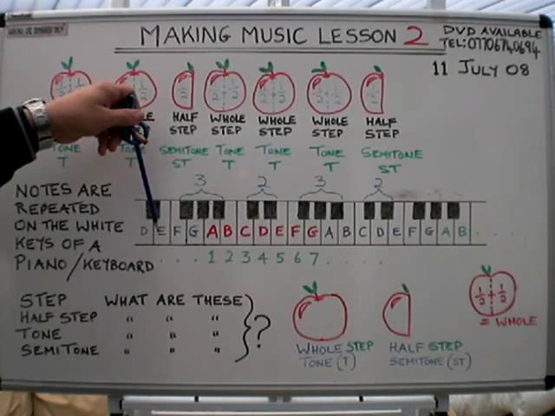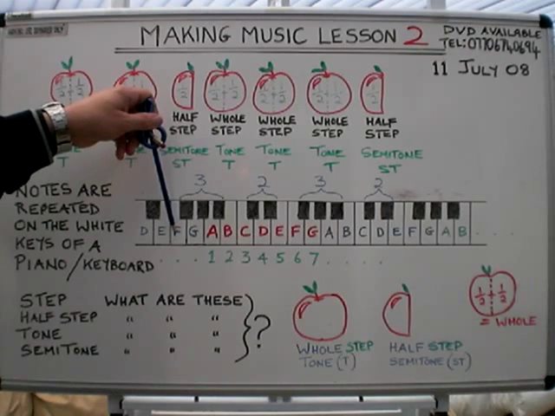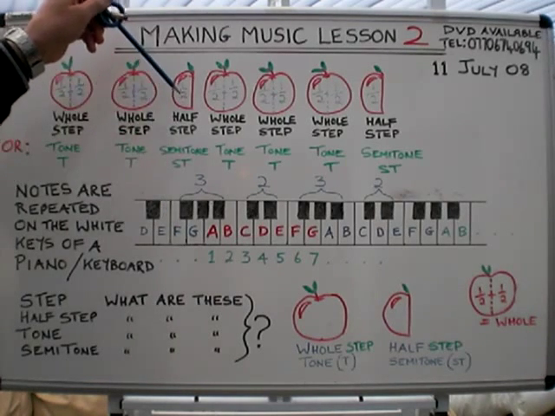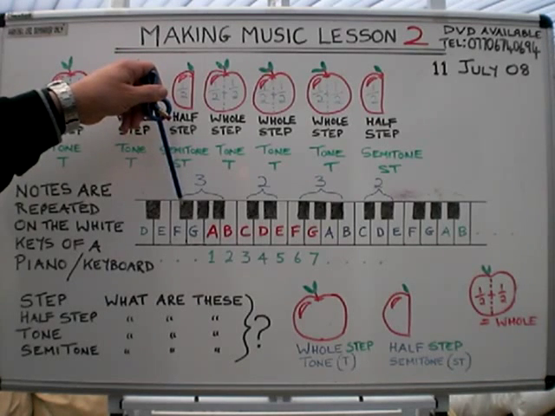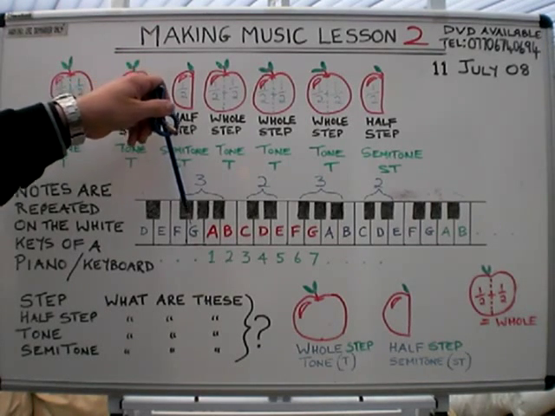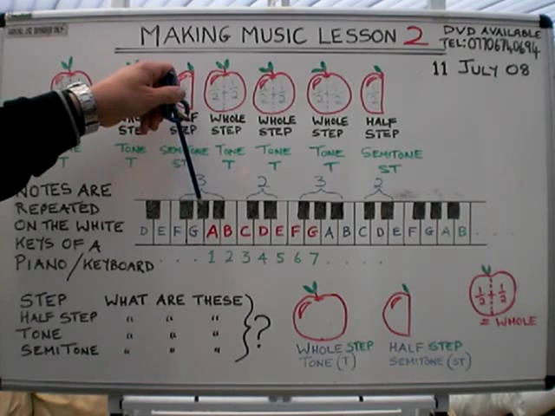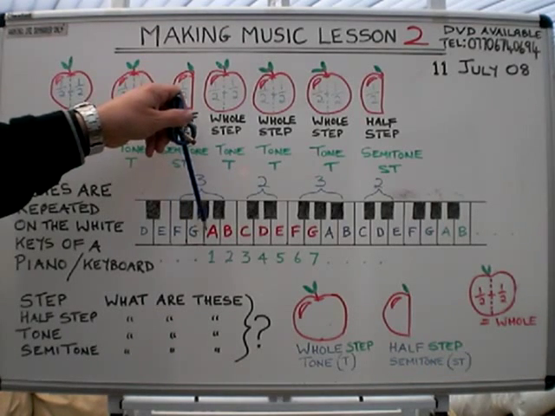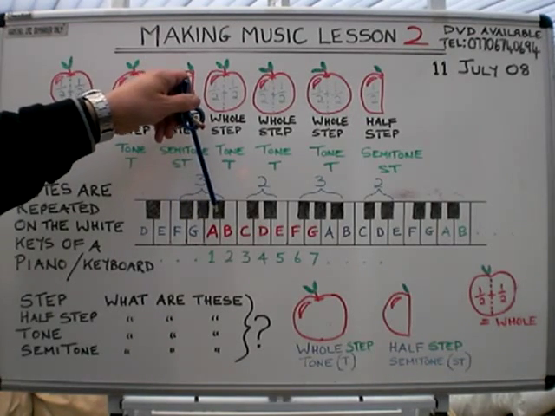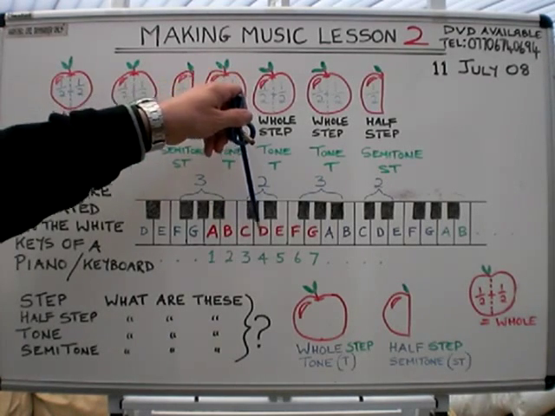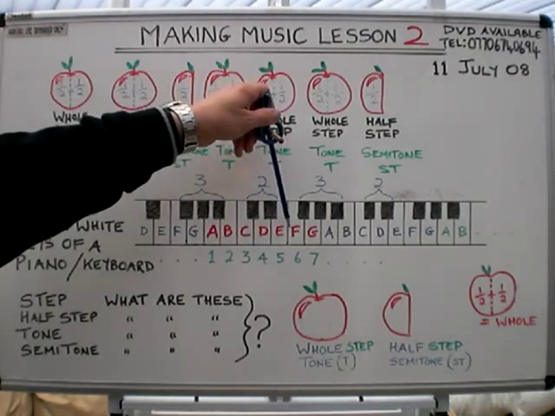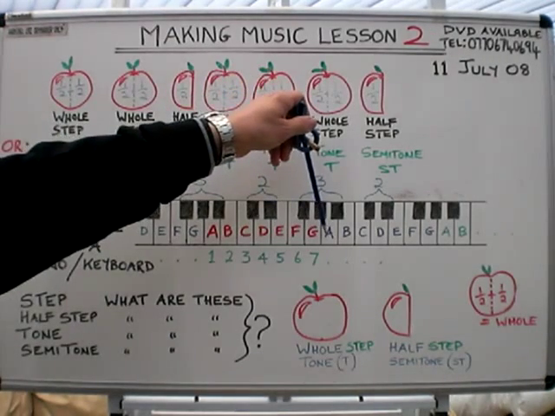And again, if we go from this E to this F, half a step again. Each way along up to the black, half step, half step, all the way along, all made up of half steps.